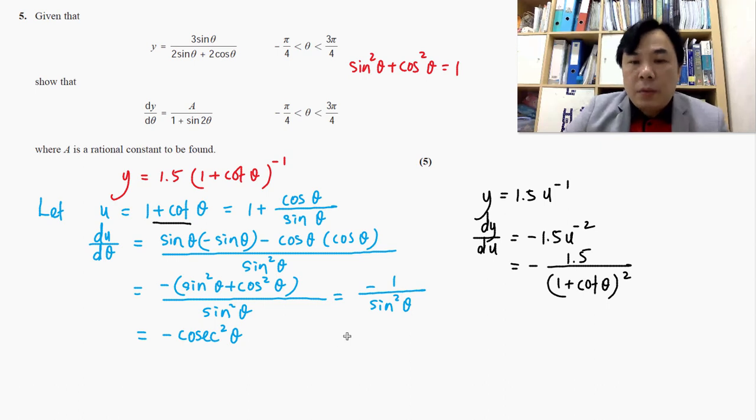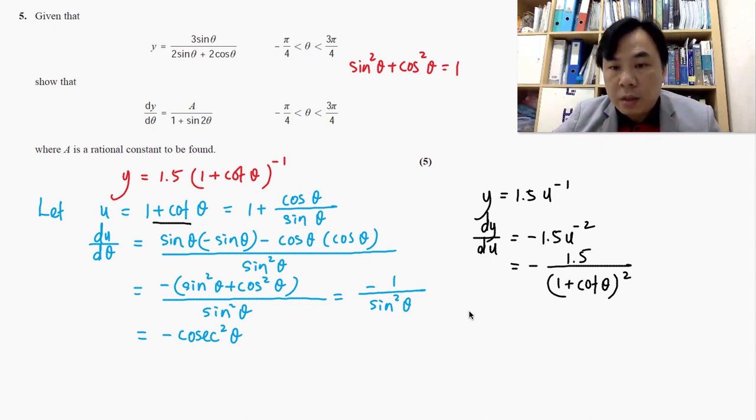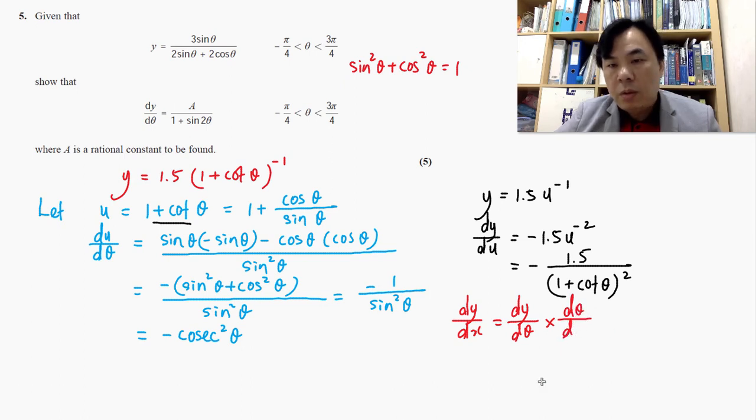Right. And then finally, what we need is our dy dx. So dy dx is basically given by the chain rule, which is dy d theta, oops, let me see.